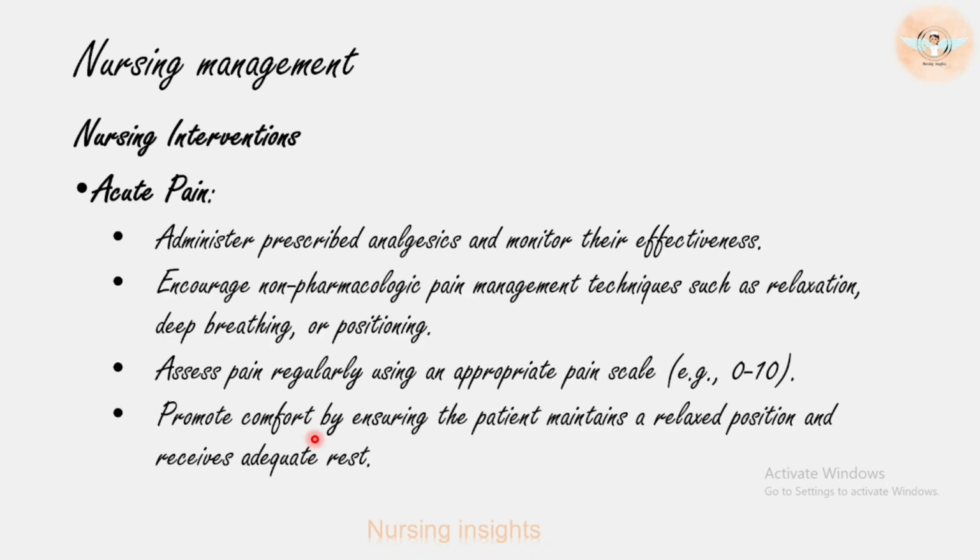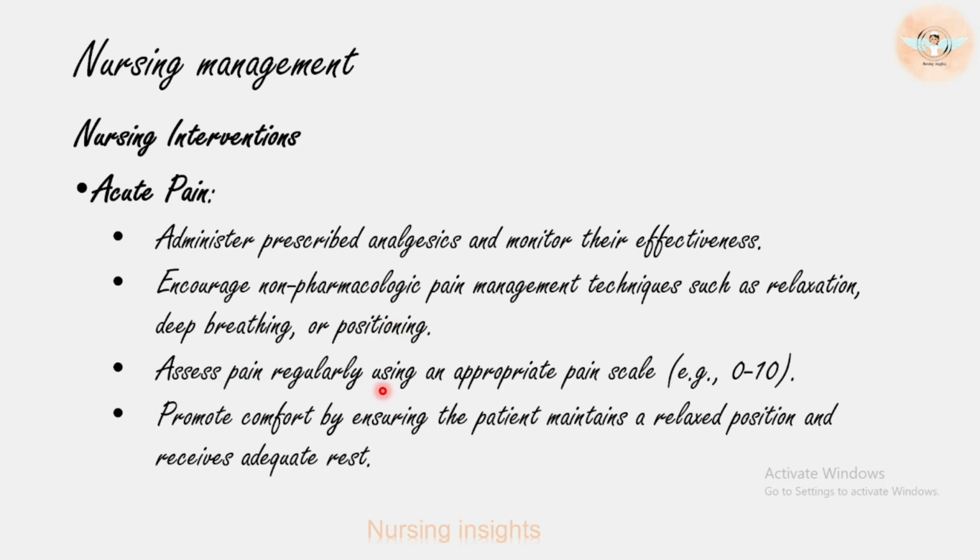Next, we mentioned the nursing diagnosis of pain. For the pain, what we can do is administer the prescribed analgesics. We can also encourage some non-pharmacologic management like relaxation, deep breathing exercise, and positioning.